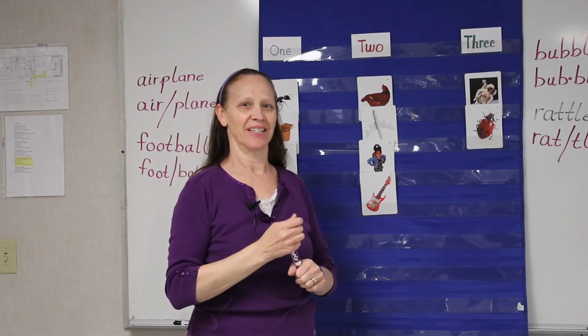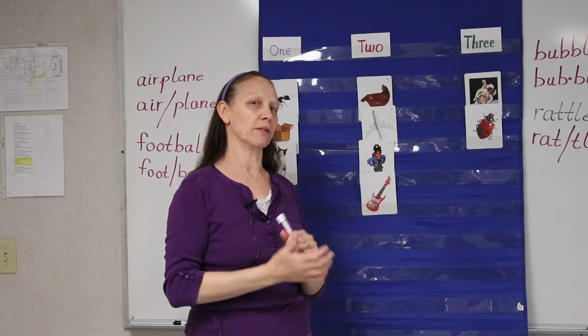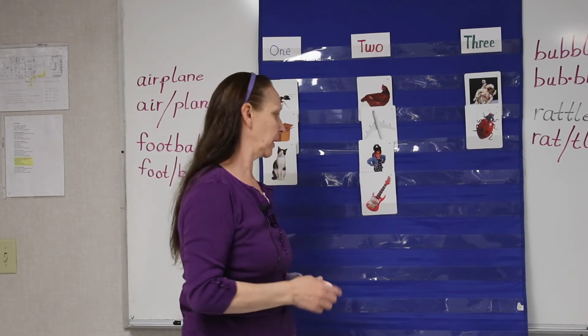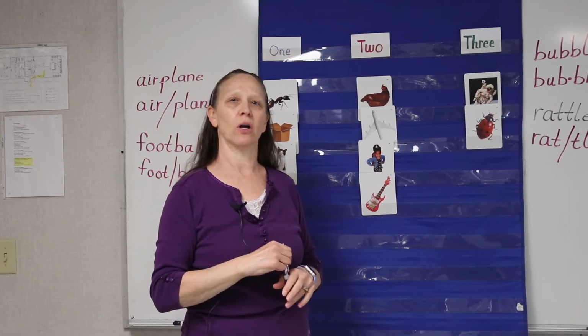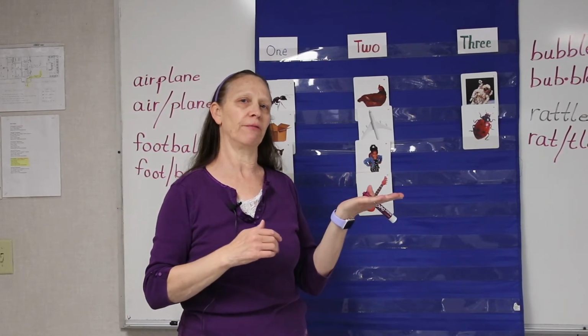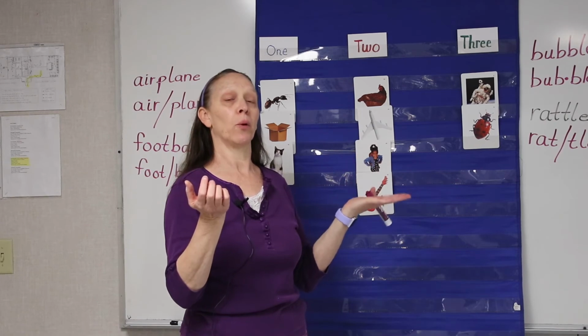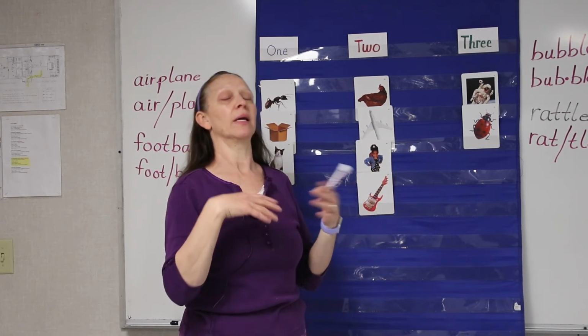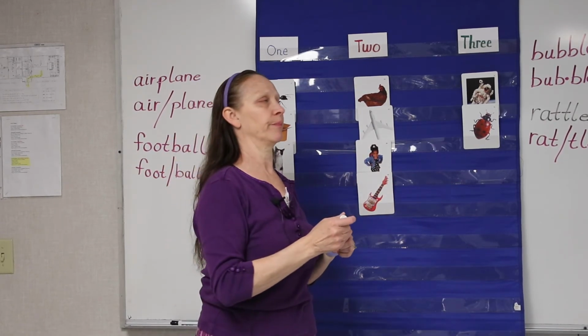Okay? All right. I have one more, so I guess I had 3 today. The last one is called when we have a prefix or a suffix. Pre means before the word, and suffix means after the word. Okay?